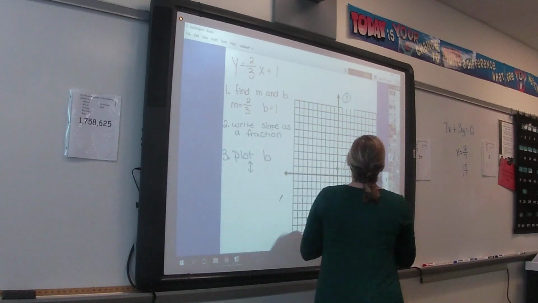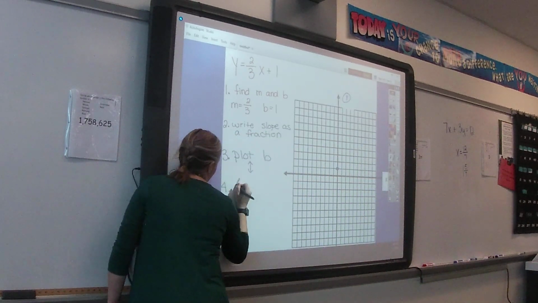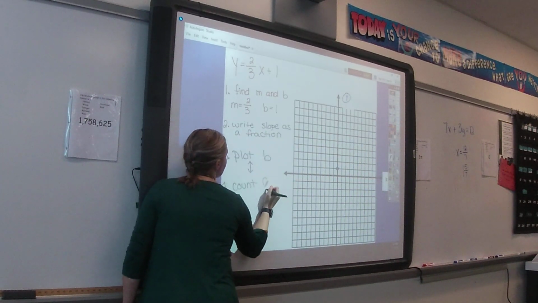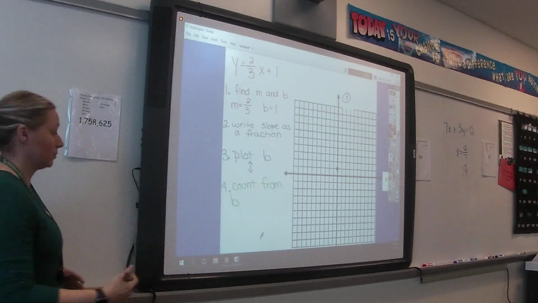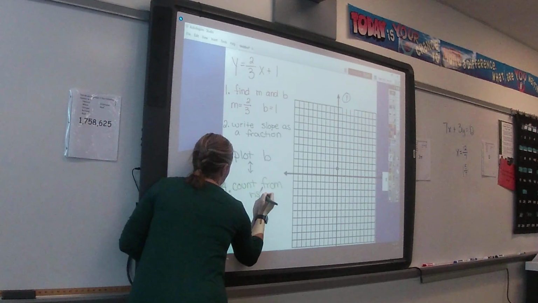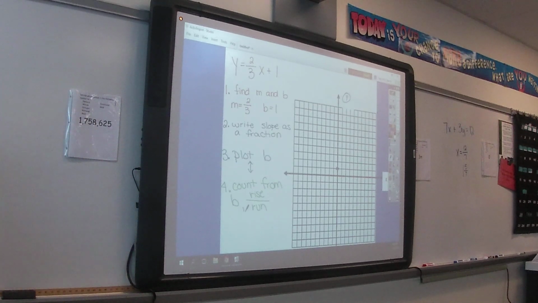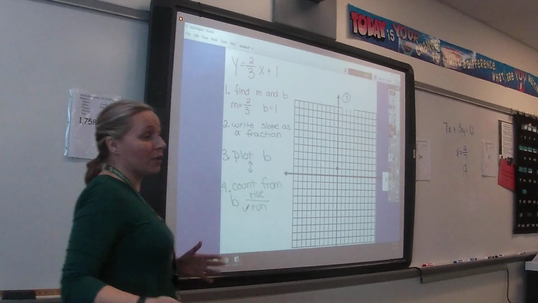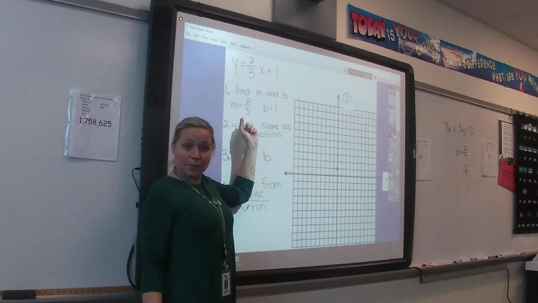Because step 3, after we have just plotted a point, we are going to count from that point we made, from B, our rise over our run. So we kind of want to go backwards order of how we find slope from 2 points. Now we don't know what the other point is, but the directions are given to us.